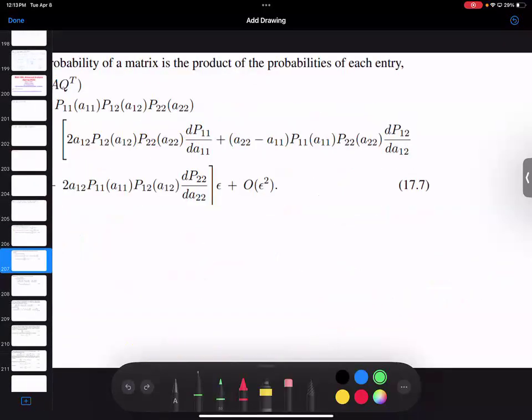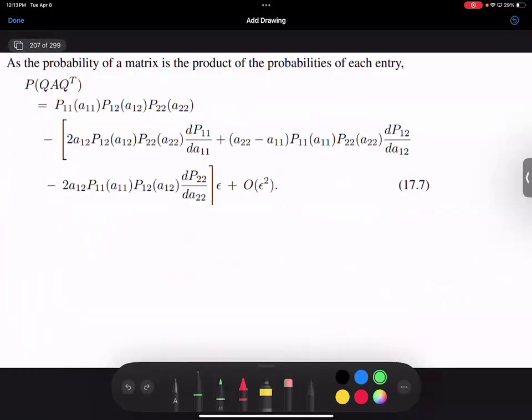So now that we have that, we can calculate the probability of Q A Q transpose. This is just go through, take your matrix, take the Taylor series expansions and multiply, and only keep terms up to order epsilon. Right? So do we all agree that this is just trivial algebra?